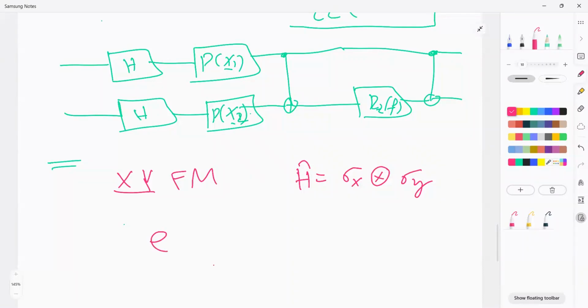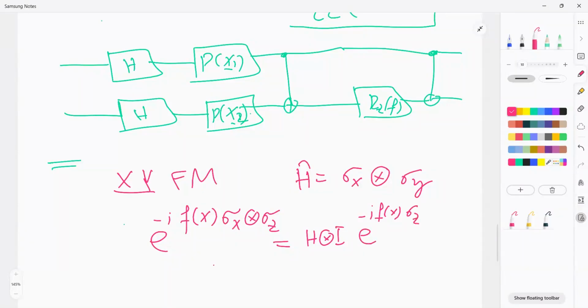However, we have to remember a very good and important thing about Pauli operators: if I have sigma x tensor sigma z, I can write it as a Hadamard, identity, exponential of minus f of x sigma z tensor sigma z.